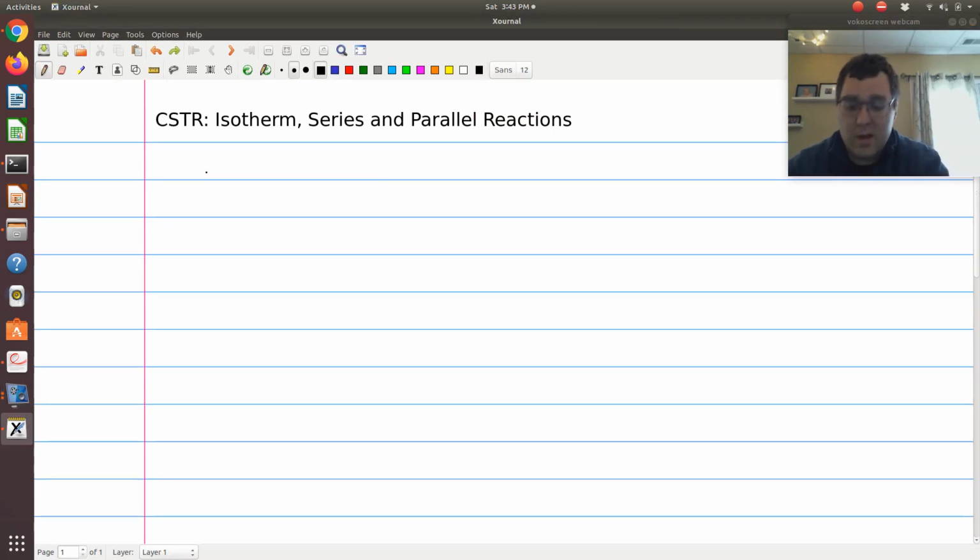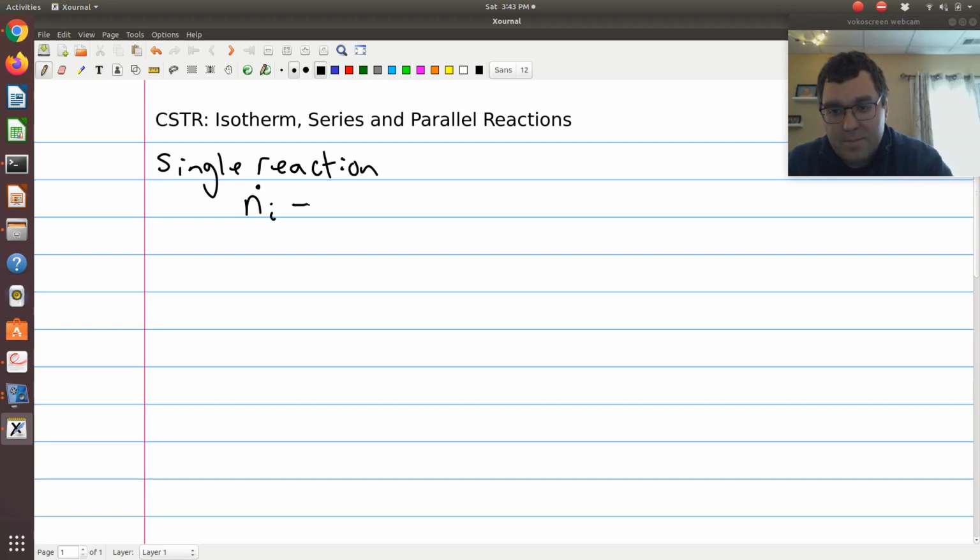Okay. So now the general idea would be for the case of a single reaction. If I have a single reaction happening in my isothermal CSTR, my mole balance design equation, as we worked out earlier in the chapter, would reduce to Ni dot minus Ni dot naught. This is the molar flow rate of species i out of my reactor.